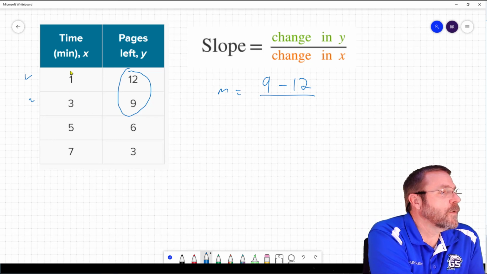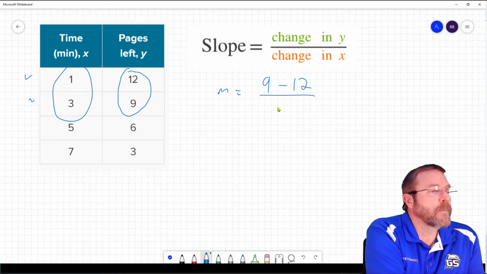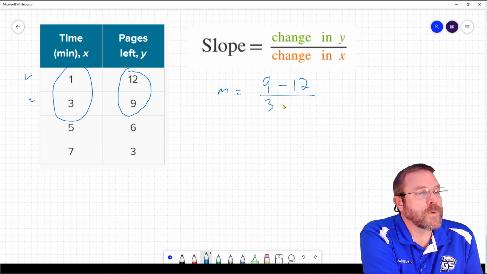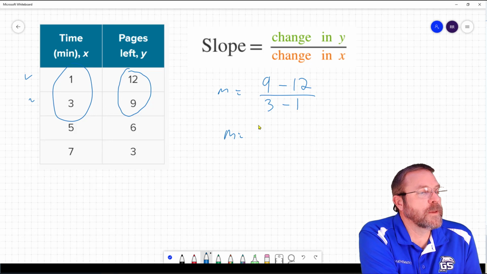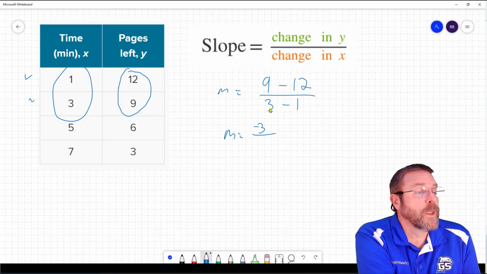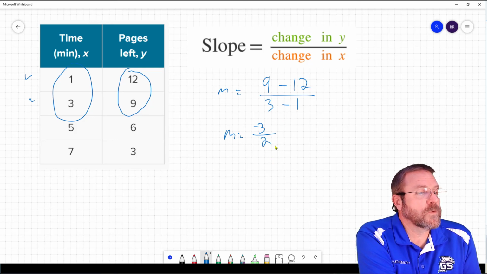And then from there, for my x, I'm going to do my second value first, 3 minus 1. From here, I can say 9 minus 12. Signs are different. Find the difference with the sign from your larger number going in front of your answer. 3 minus 1, that's just going to be a 2.